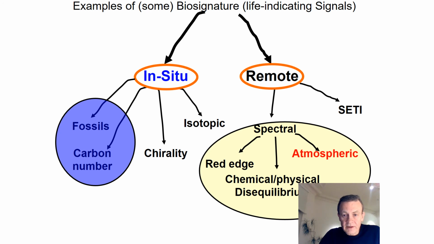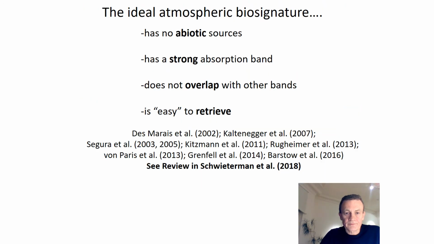What I'll talk more about is written in red here, the so-called atmospheric biosignatures. So the ideal atmospheric biosignature has no abiotic sources. That means it's only formed by life. It's not formed by non-life. Non-life means abiotic. In the spectra, it has a strong absorption band, which is clear.